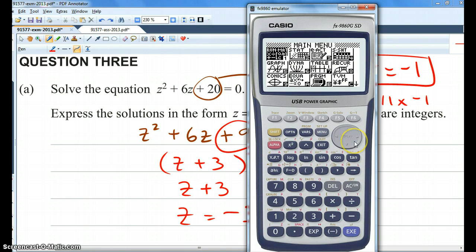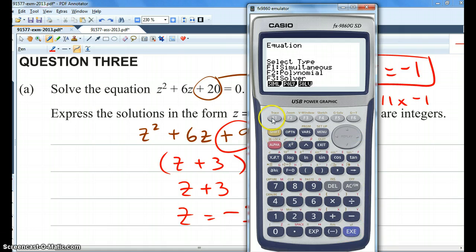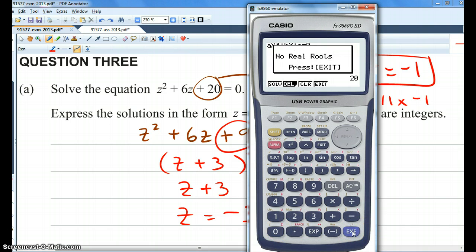Menu and equations, and it's a polynomial, and it's degree 2, and it's 1z squared plus 6z plus 20. Execute, no real roots. Okay, that's fine.